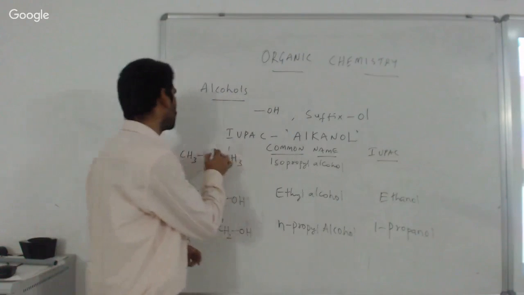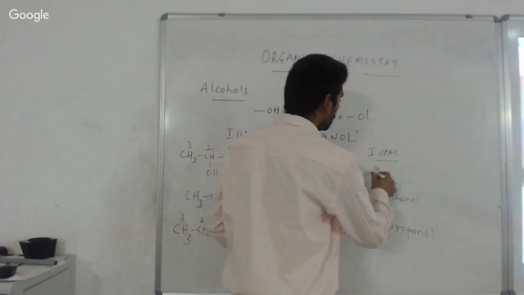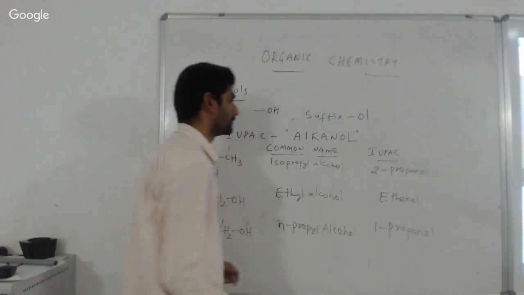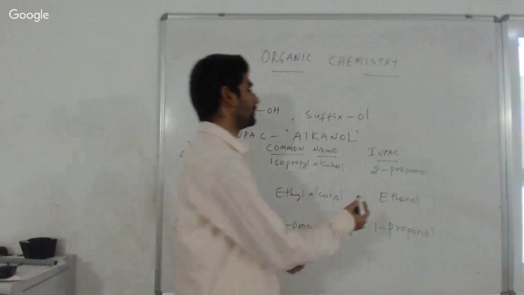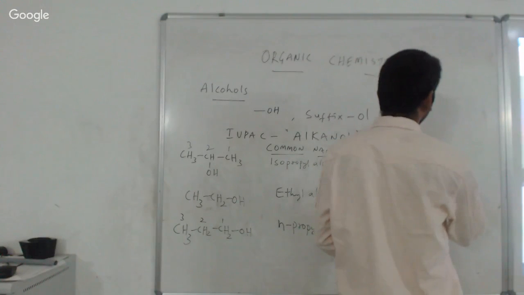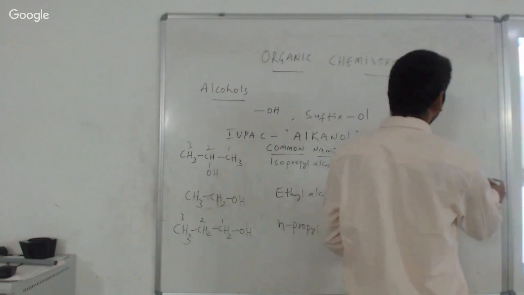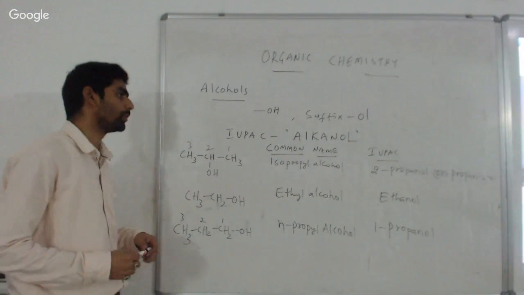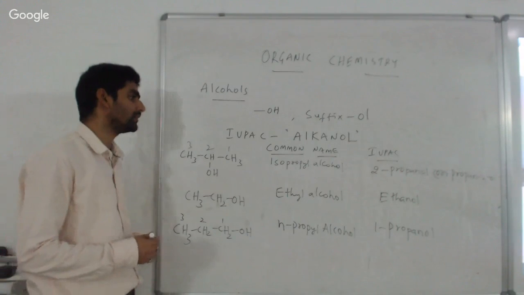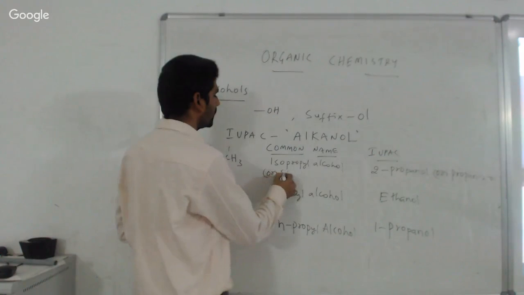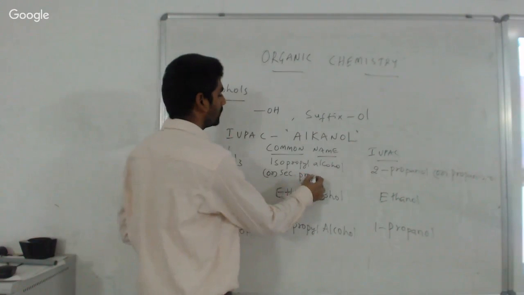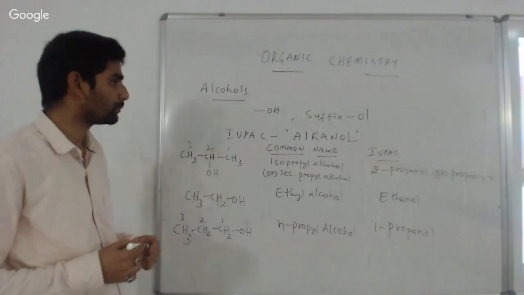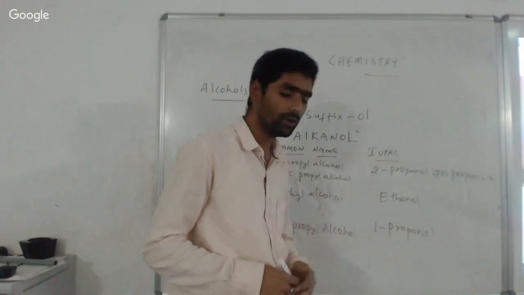The IUPAC name is 2-propanol, or propan-2-ol; both are correct. The common name is isopropyl alcohol, also called secondary propyl alcohol.